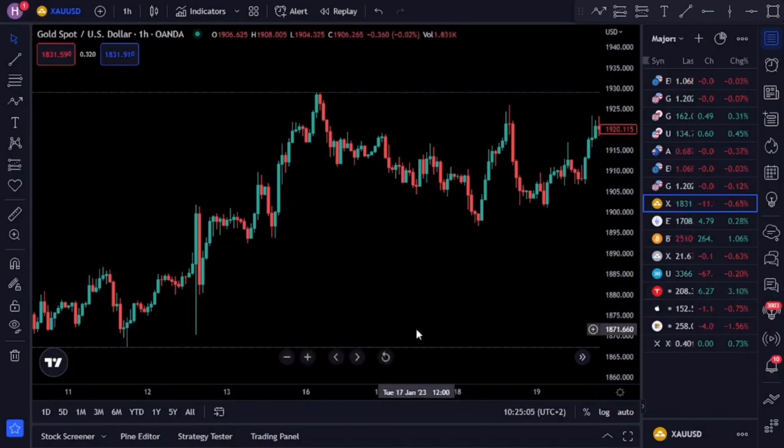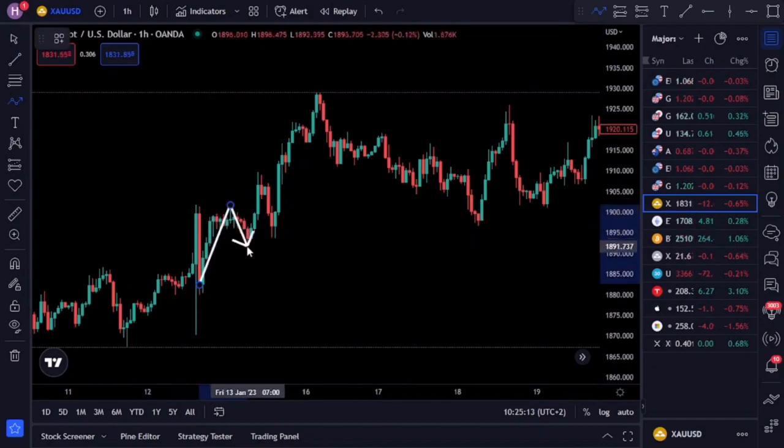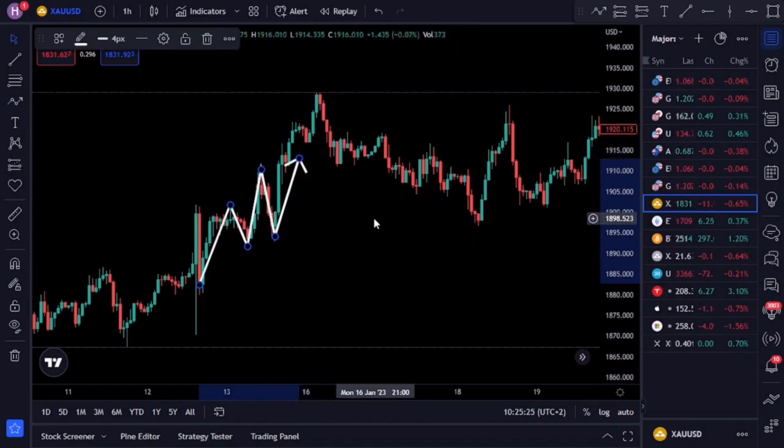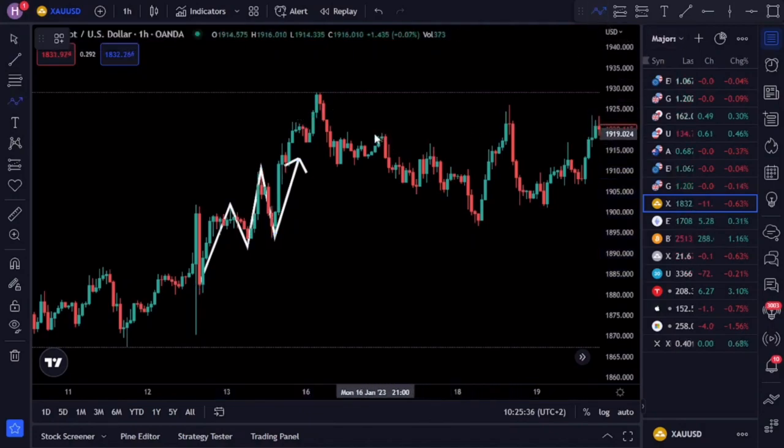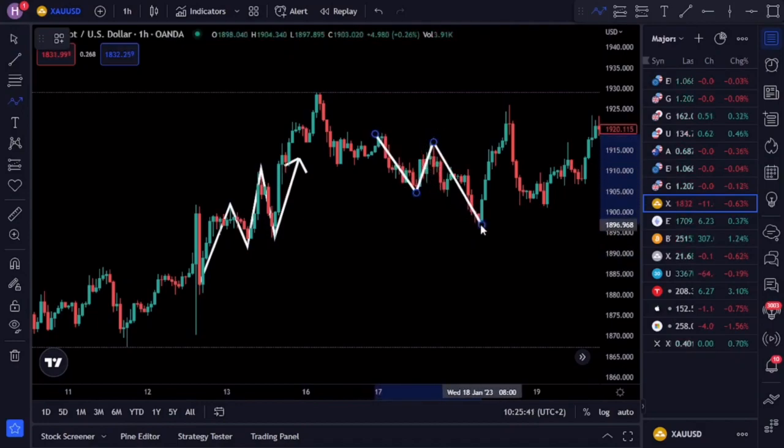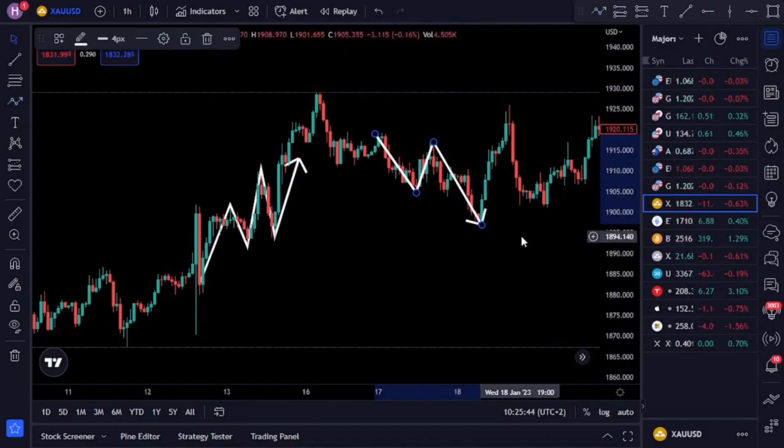When the market is in an uptrend, you will see that it is making higher highs and higher lows, indicating that buyers are in control and the price is likely to continue to rise. The opposite is true for a downtrend, where the market is making lower lows and lower highs, indicating that sellers are in control and the price is likely to continue to fall.